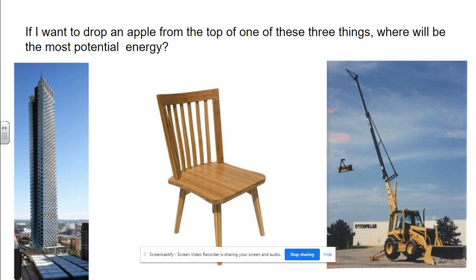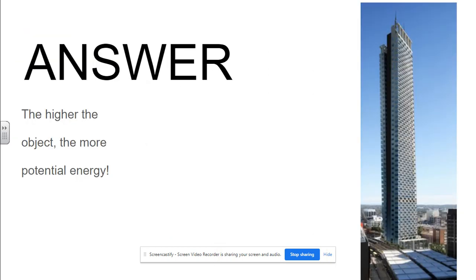Of these three objects, if we were to drop an object from the top, where would it have the most potential energy? A skyscraper, a chair, or a crane? Hopefully you said the skyscraper, which is the tallest object. So by dropping something from the top of a very tall object, we have given it more potential energy.